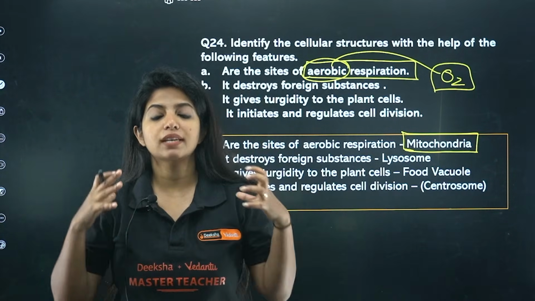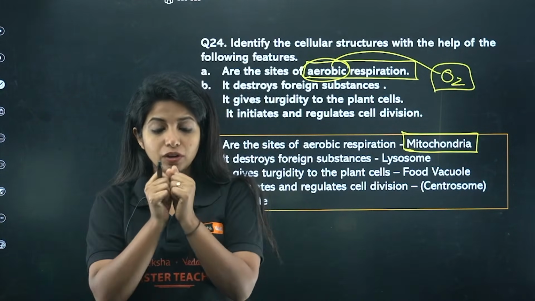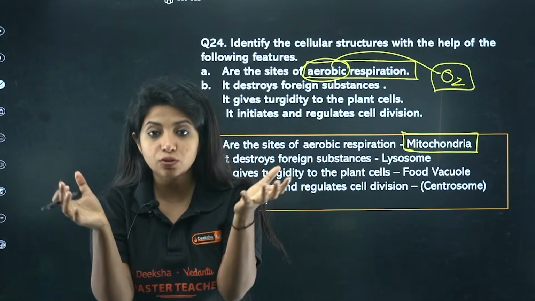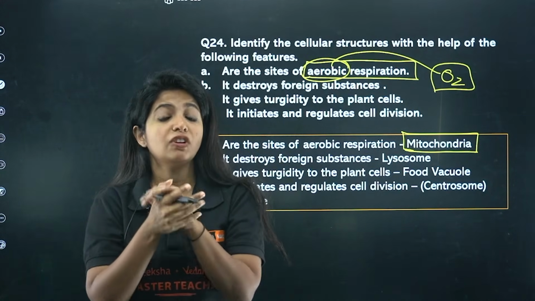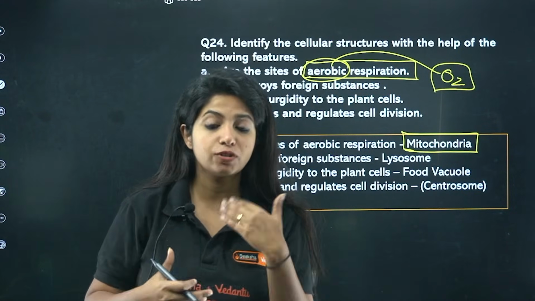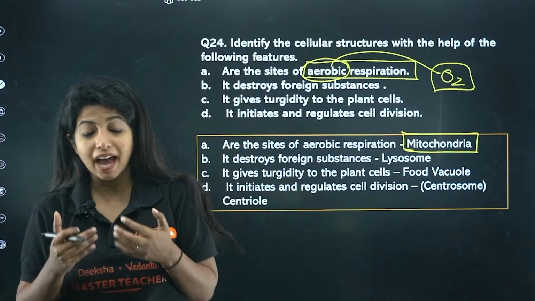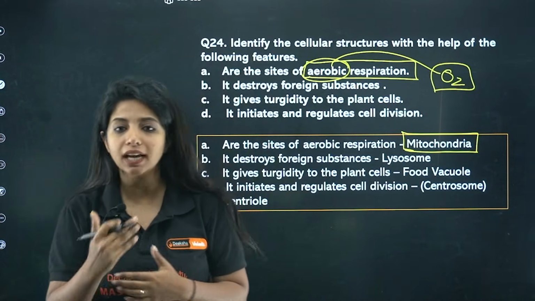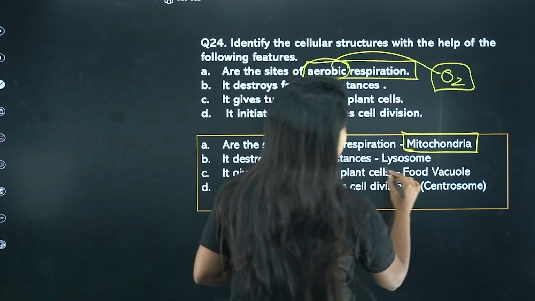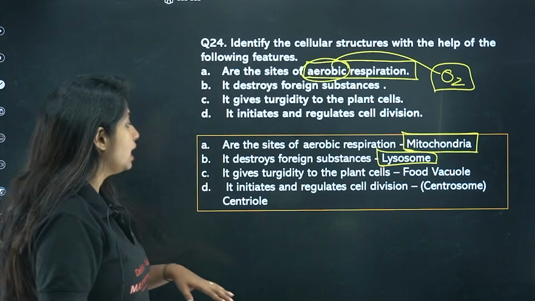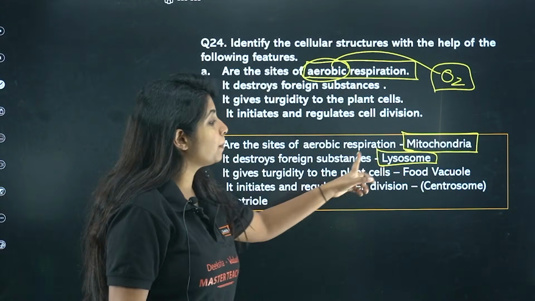So anytime the cell is having some problem, they have so many enzymes, they can release those enzymes and kill the whole cell, if they think that the cell is in danger. Similarly, any foreign substances which come in, it has the power to destroy those things also with the help of the enzymes that they can secrete. So the name of this particular organelle is what? Lysosome. Lysosome.